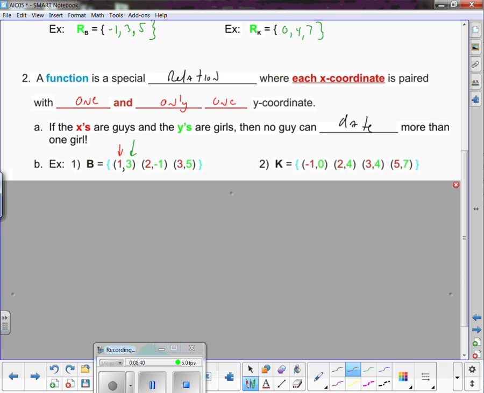In this program, if you input a 2, it would output a -1. And if you would input a 3, it would output a 5. And because it's a function, it always knows what to give you out, because there's only one possible out for any in. Any guy's dating only one girl.